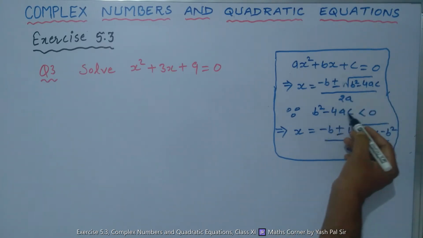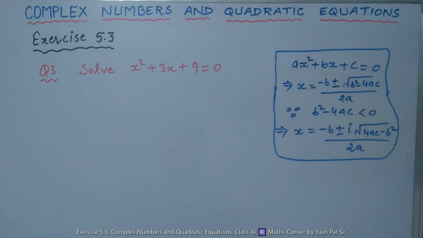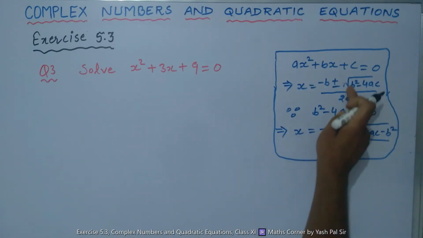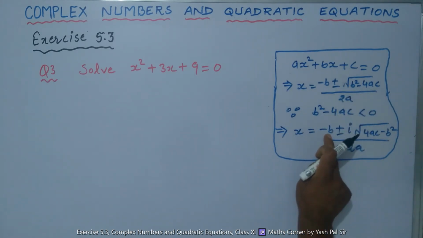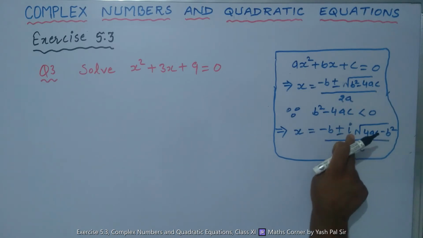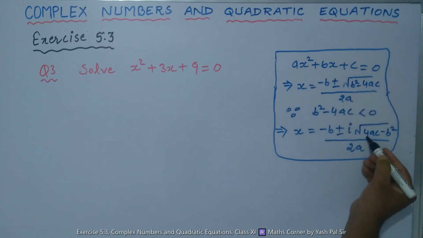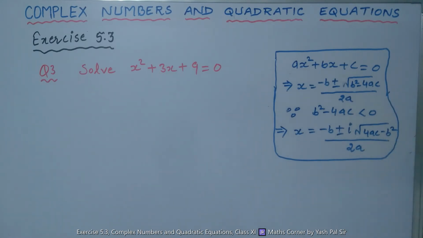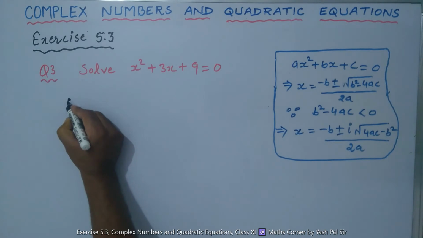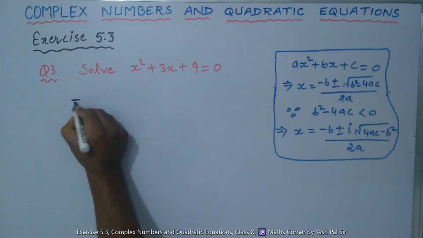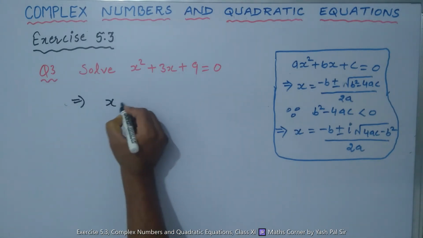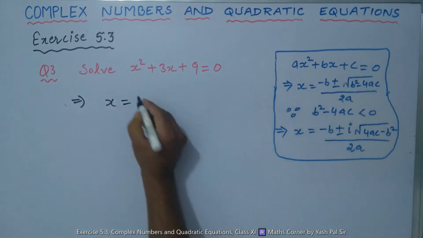Because b square minus 4ac is less than 0, we write x equal to minus b plus minus iota outside. So b square minus 4ac becomes 4ac minus b square. Rest everything is the same.